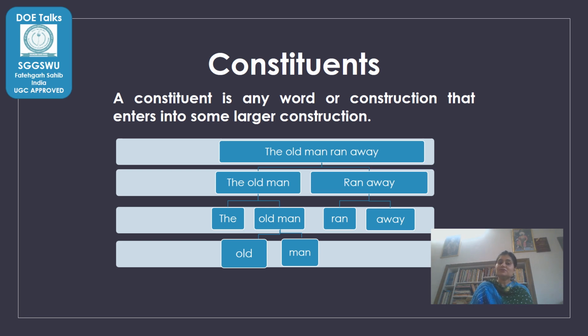Hence, through immediate constituent analysis, we make students understand the arrangement of words or constituents and the relationship of one word with the immediate next. In a way, it unfolds the layers of a sentence to formulate a meaningful relationship between the constituents or words.